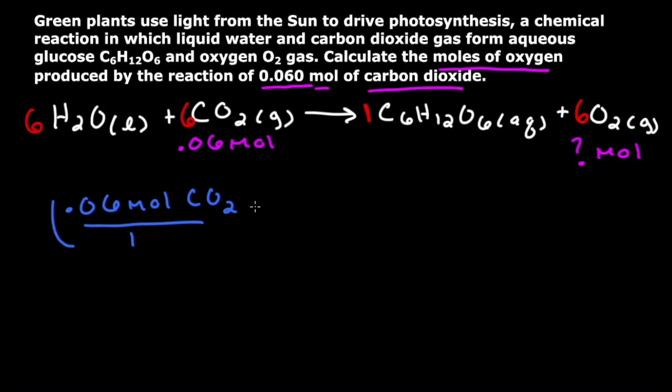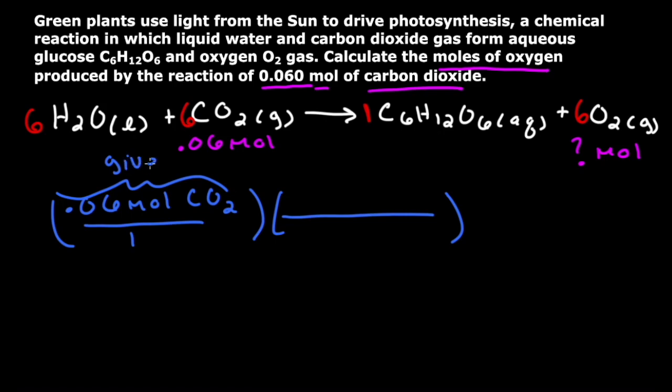So this is what I'm given, and this part of the problem is going to come from the balanced chemical reaction. I'll put down CO2 here and oxygen right here.